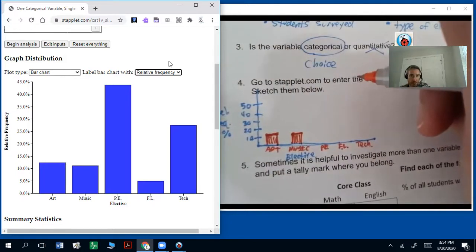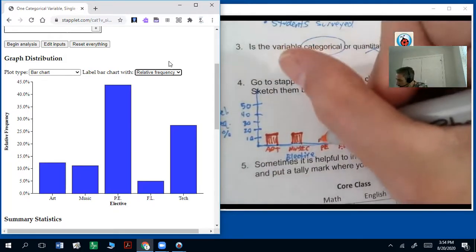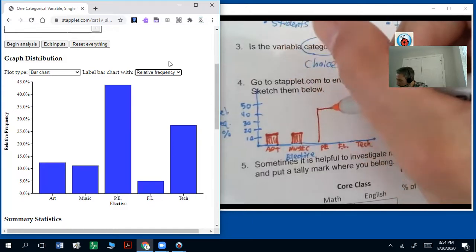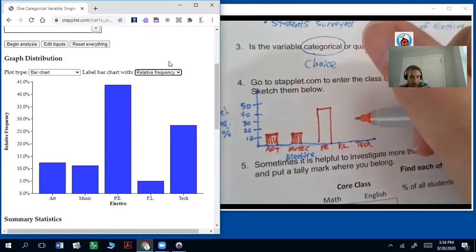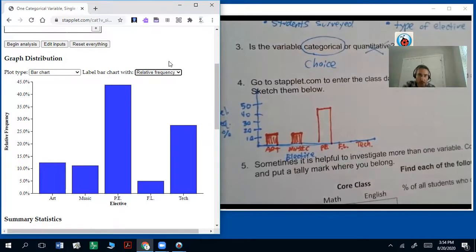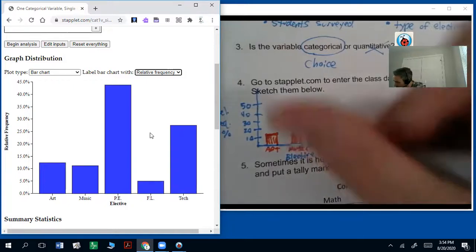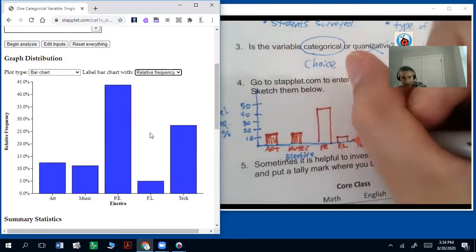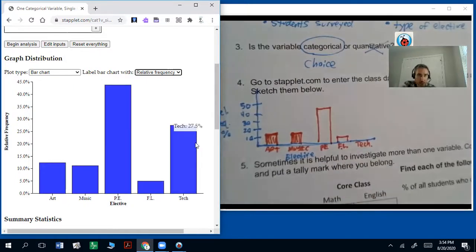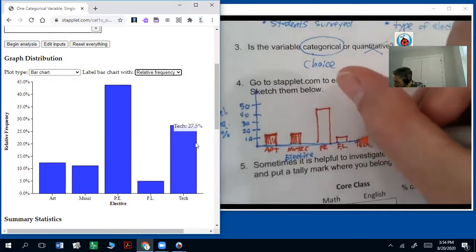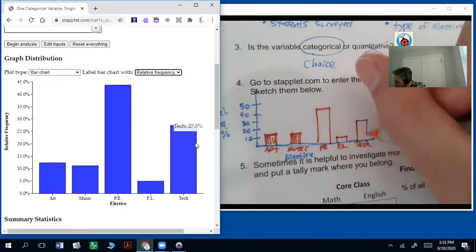PE is at about 42%, so we're talking something like that. Foreign languages, you can hover over it if you want. It's going to be at about 5%, so halfway to 10. And technology is 27.5%. So something like that.